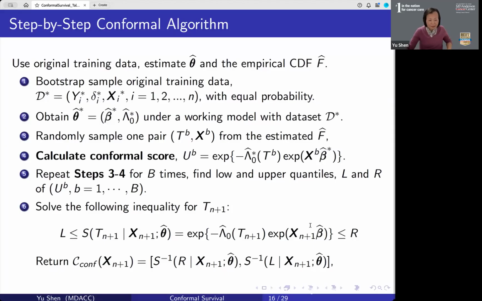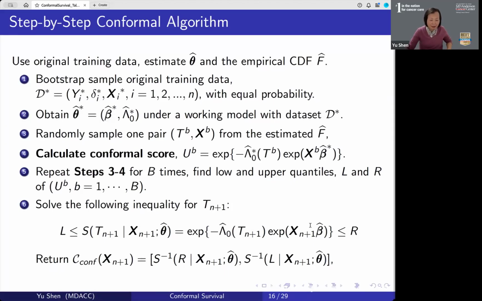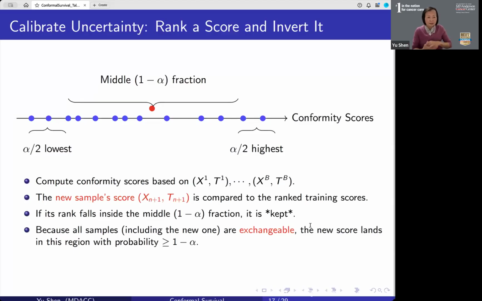But let me use the next page to illustrate this idea a bit more. Really, we want to use the conformity score to calibrate the boundary, the lower alpha over two and upper quantile. That's based on the conformity score. And remember those conformity scores are calculated based on those bootstrapped samples.